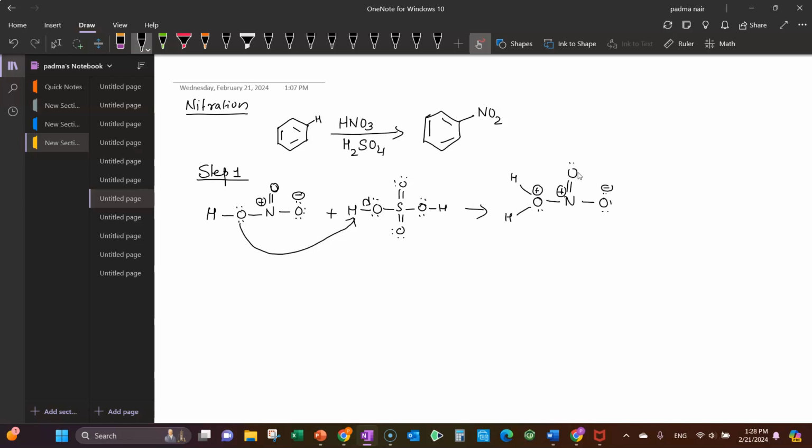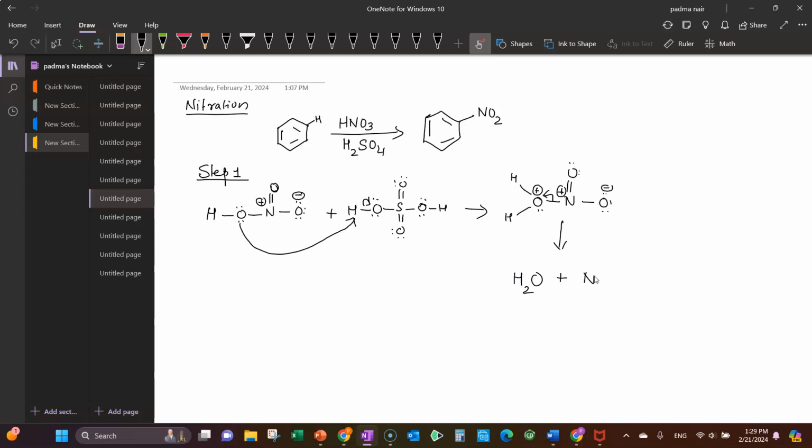So it looks like this is a very unstable compound because we have two positive charges right next to each other. So what will happen is we will lose a water molecule, right? So this oxygen is going to take the pair of electrons from here and produce a water molecule, H2O. See, this is H2O.